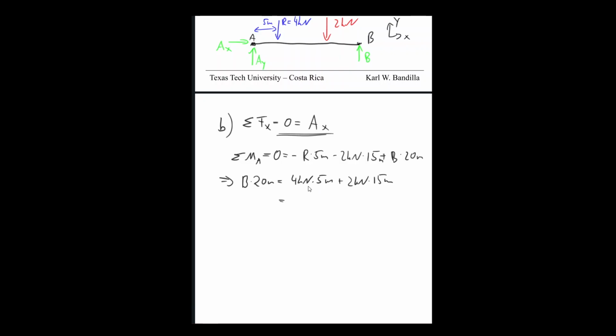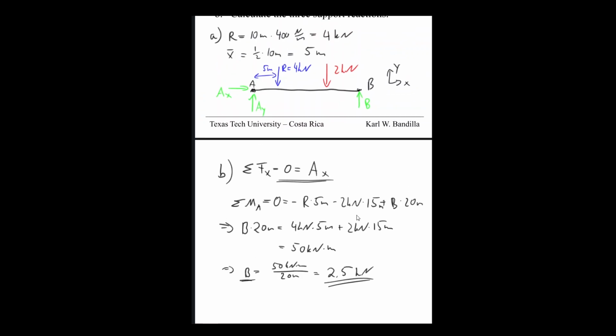That would be 20, that would be 50 kilonewton meter. That means B is equal to 50 kilonewton meter divided by 20 meters equal to 2.5 kilonewton. So that would be our second support reaction.